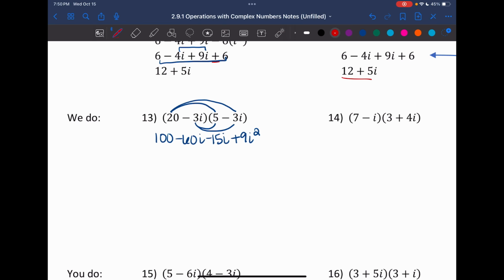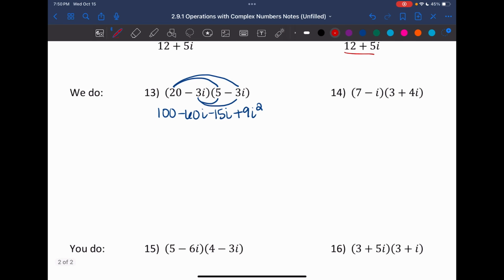However, we just said we can't have i squared because that i squared is equal to -1. So I'm going to just really quickly say 9 times -1 is equal to -9. So we have 100 minus 60i minus 15i minus 9.